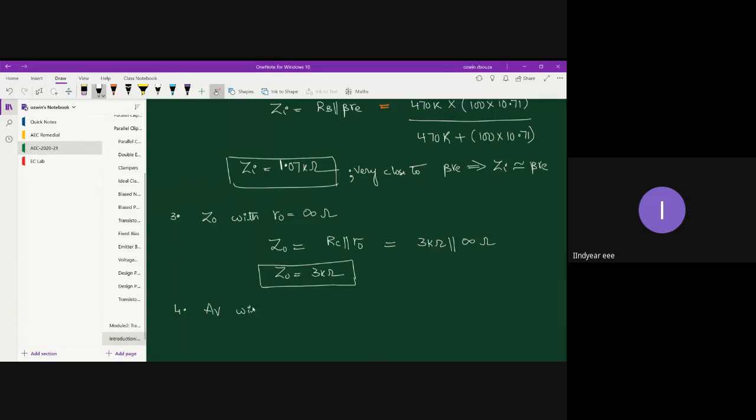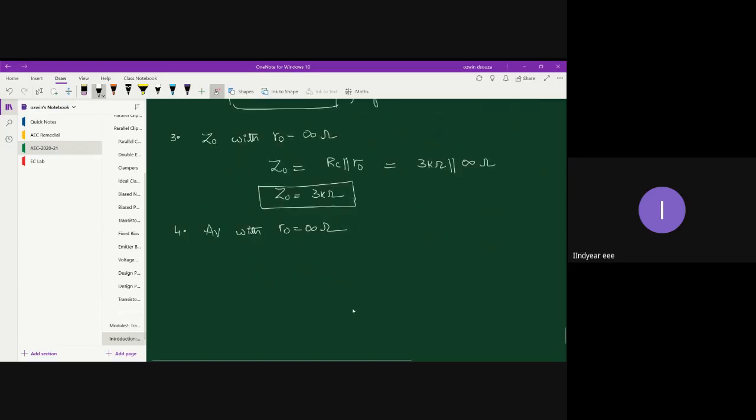And the fourth one is AV, with R0 equal to infinity ohm. The expression for AV is minus I0 into Z0 divided by IB into Zi, or minus I0 is IC and Z0 is RC parallel with R0, divided by IB into beta RE.